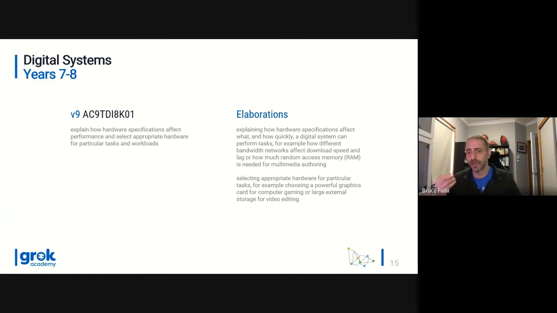Talking about graphics cards for gaming or external storage for video really draws those distinctions between what components in a system are required for what purpose, and how the specifications you choose for those components will enable different types of things.